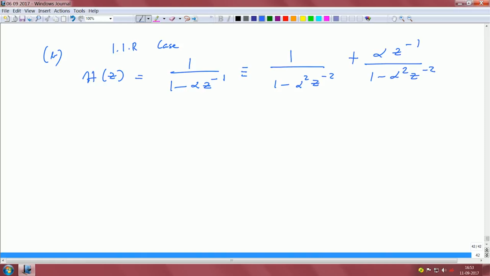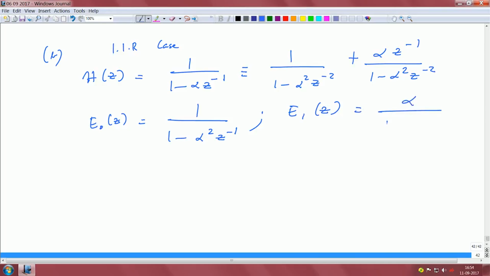This is saying that this is a plus b divided by a square minus b square, nothing more, right. It is very simple to see this structure. Now my E naught of z is 1 upon 1 minus alpha square z power minus 1, and E1 of z is basically alpha upon 1 minus alpha square z power minus 1.